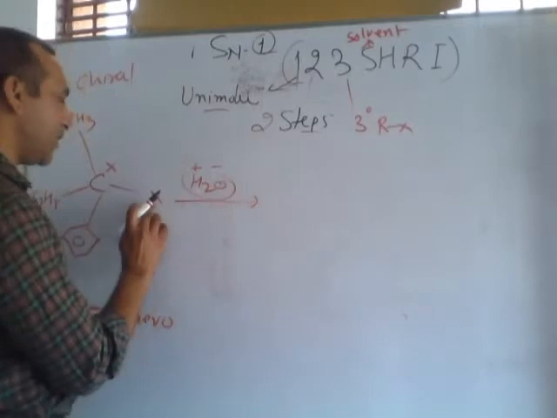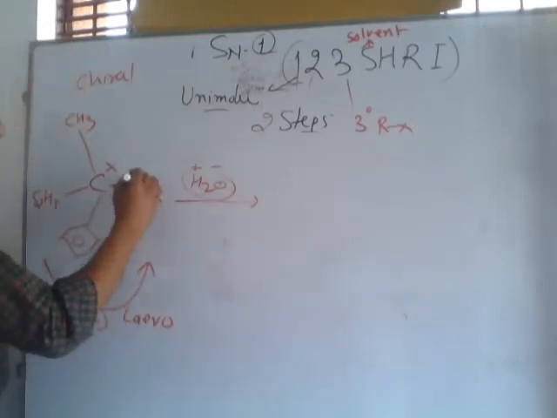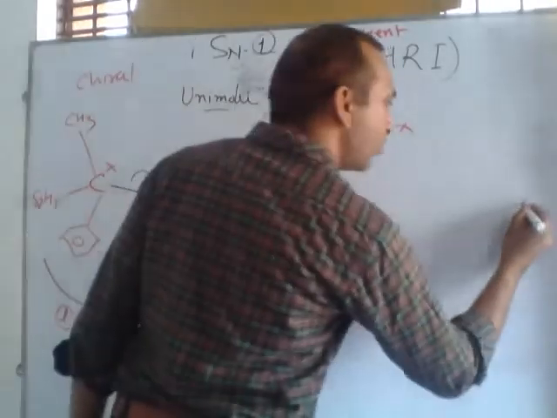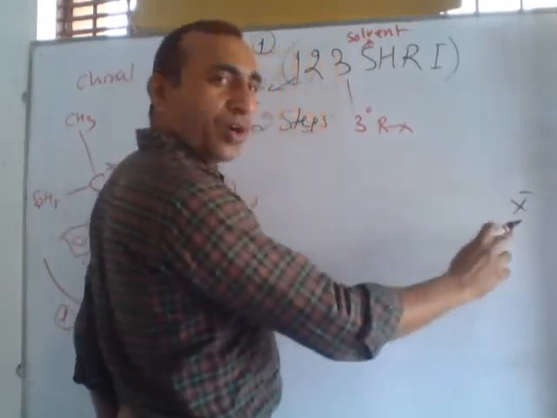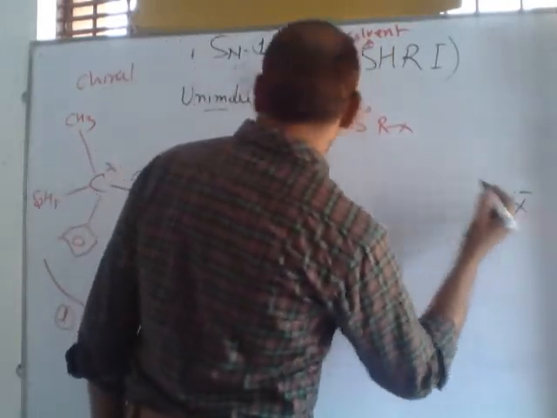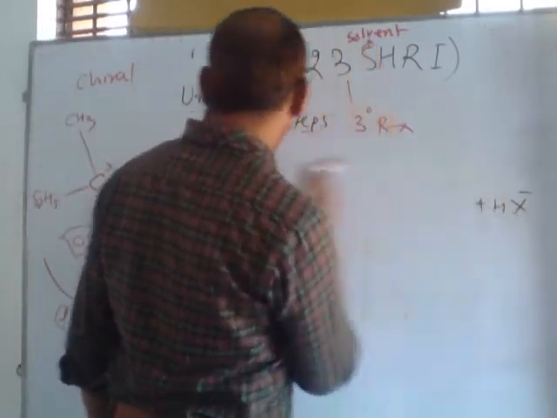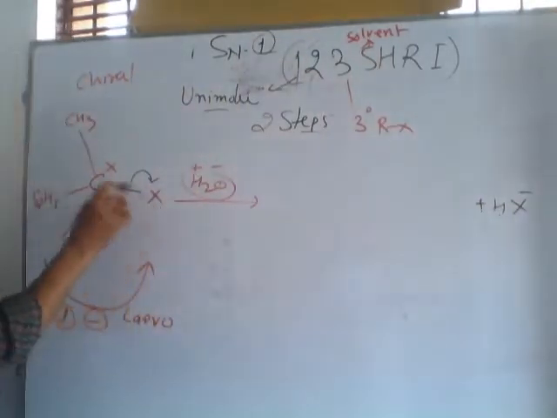After the reaction, suppose this X means halogen is removed taking one electron. This is called heterolytic cleavage, meaning the halogen is removed taking the electron. So to form a stable compound, a proton should be present. This proton is provided by the solvent. This solvent helps to remove the halogen.